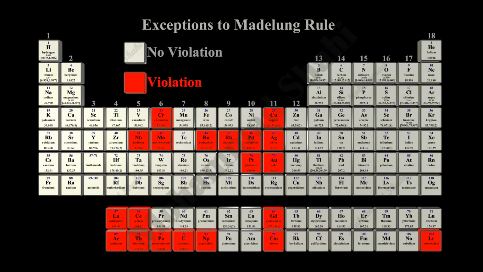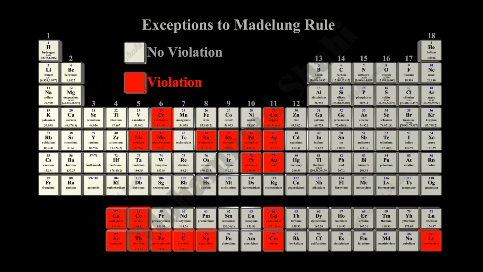It is also important to consider that the MSH method is based on the Madelung rule, and therefore it can't be used to obtain exact electronic configuration of elements violating the Madelung rule. 10 elements from the block d or transition metals and 10 elements from the block f or inner transition metals, together 20 elements, violate the Madelung rule by having 1 or 2 electrons moved from an expected atomic subshell to another subshell with a close energy level.